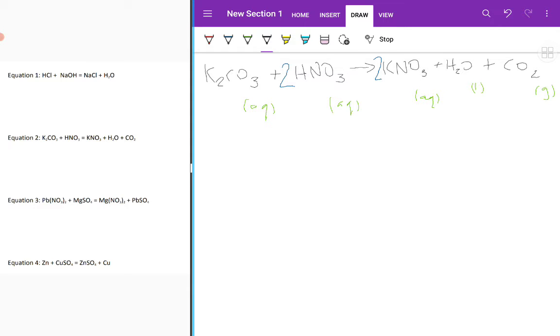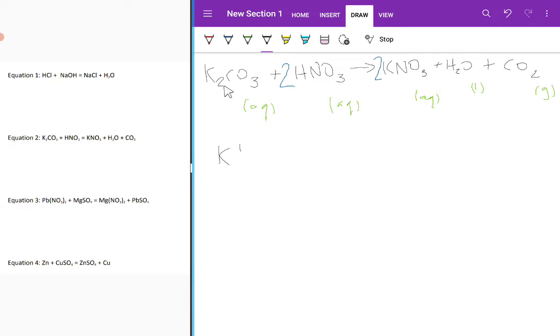Now we need to look for the compounds that are aqueous, and we're going to split them up. Let's start with the potassium carbonate. Potassium carbonate is made up of potassium ions and carbonate ions. How many potassium ions do you have? You have two of them.